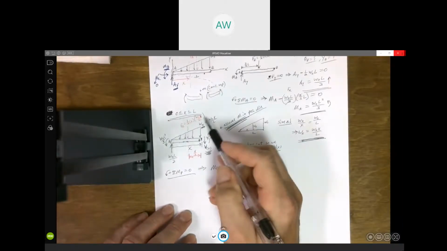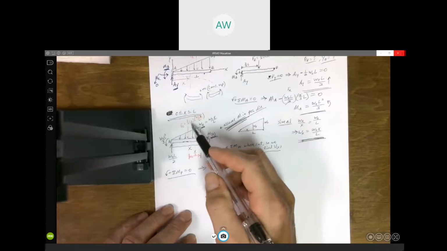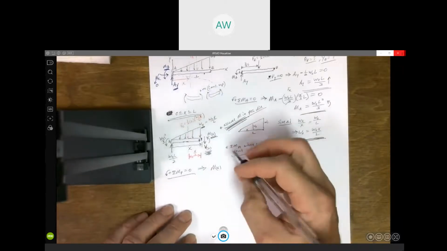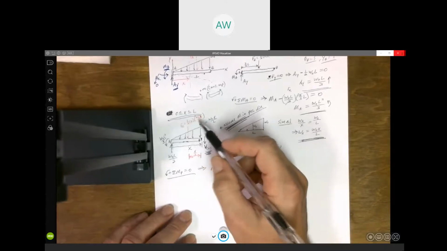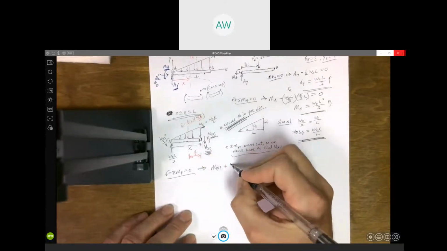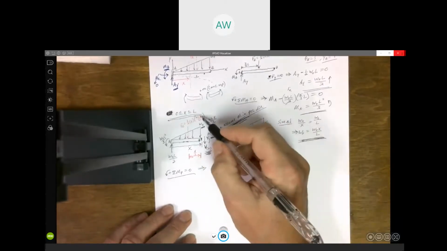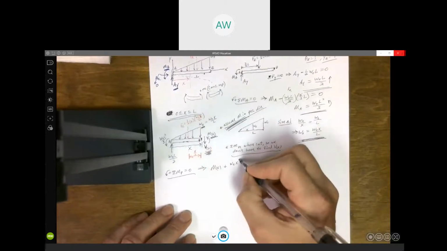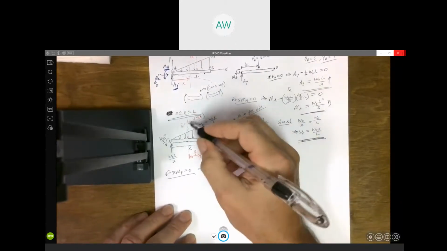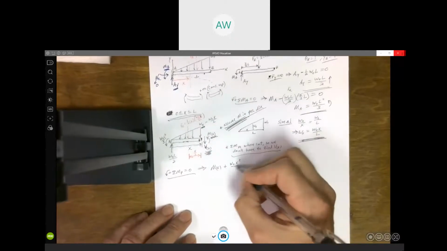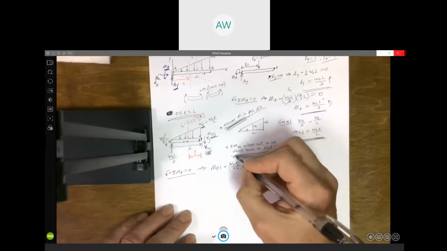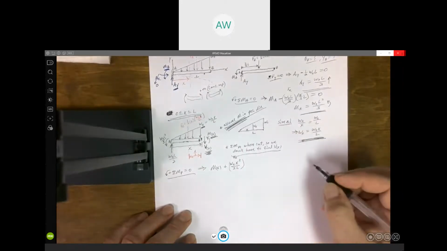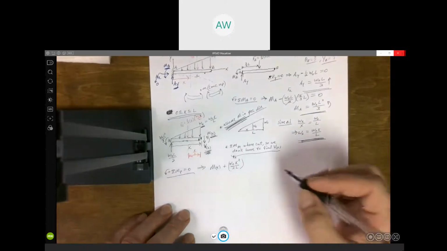The resultant force due to our distributed load is causing a positive moment. I'm going to combine some stuff here. That would be w naught, and x times x is x squared, with a 2 and an L in the denominator. That's my resultant force. If I didn't do that algebra right, somebody speak up.